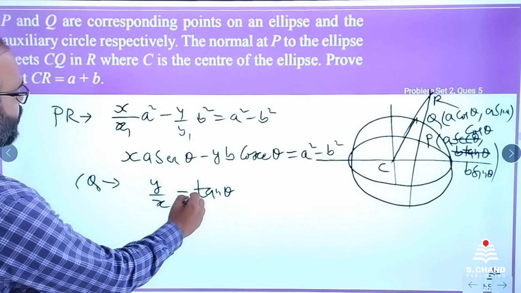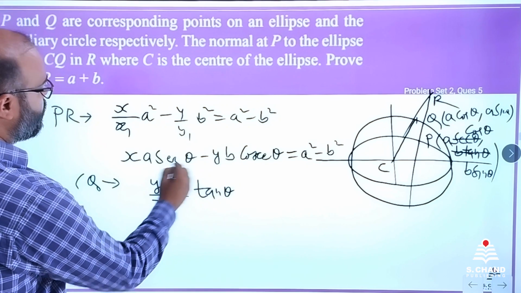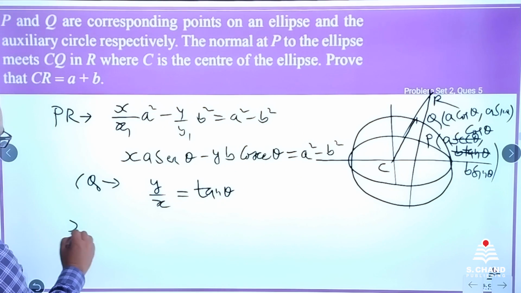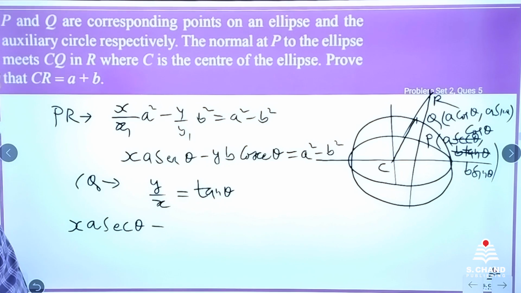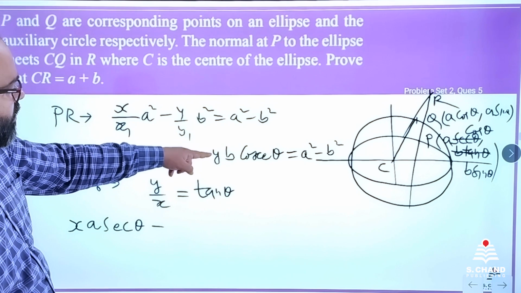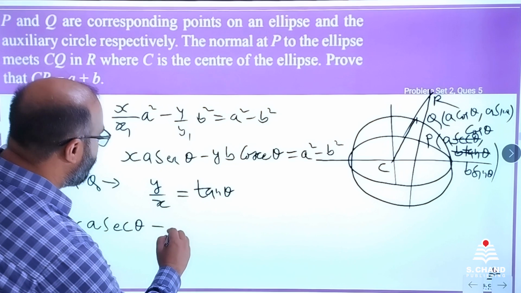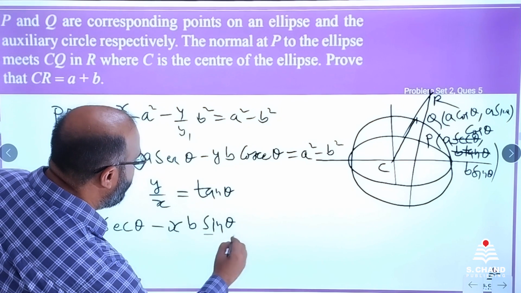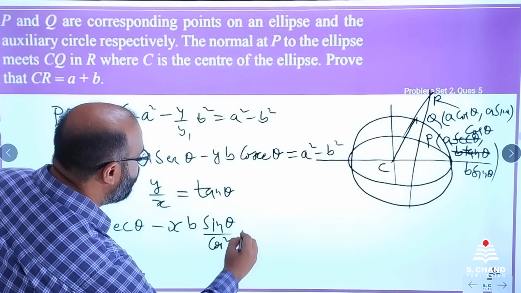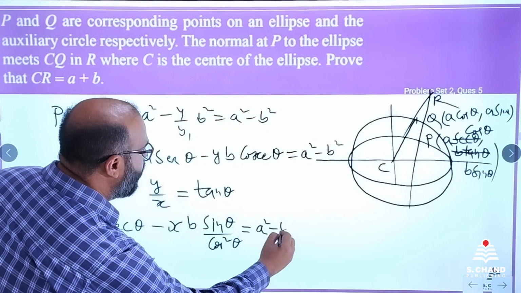So if we take y is equal to x tan theta here, so this will become x by A sec theta minus x tan theta by B sin theta, that will be sin theta by cos square theta, is equal to A square minus B square.